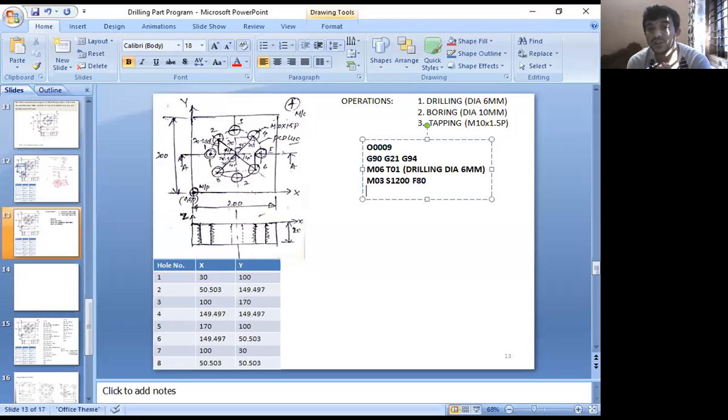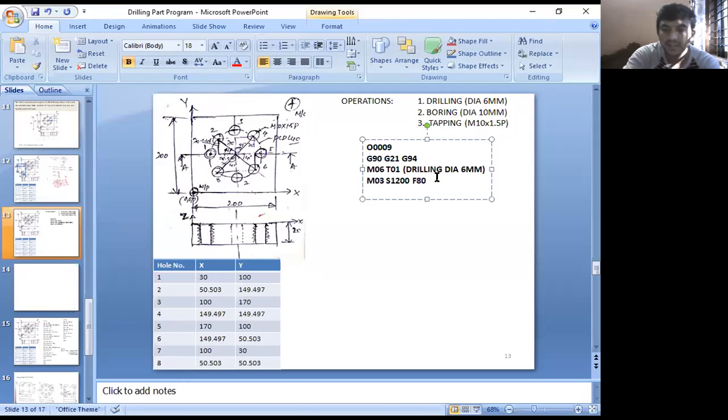But where do I have to do the drilling operation? Where is the cutting tool now? The cutting tool is at the machine center point. You can see the cursor here. Now move the cutting tool from the machine center to the origin of the workpiece. What type of code do I give? Within the shorter distance, the cutting tool has to move.